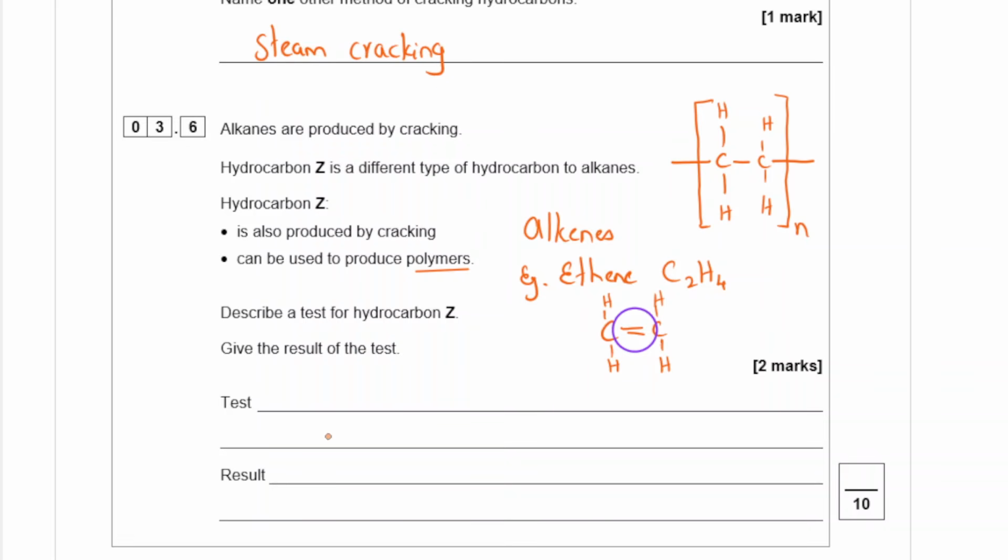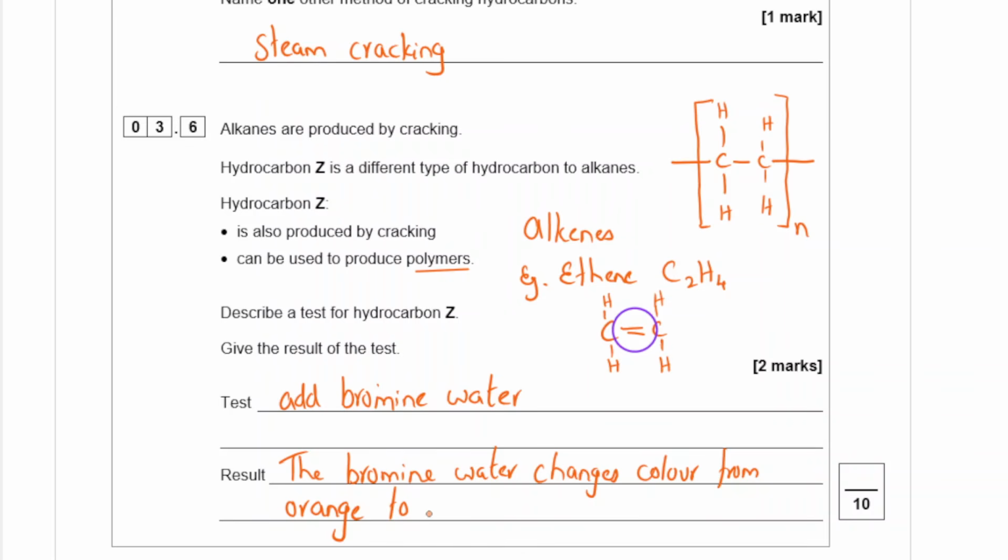So the test is add bromine water, and the result would be the bromine water changes color from orange to colorless.